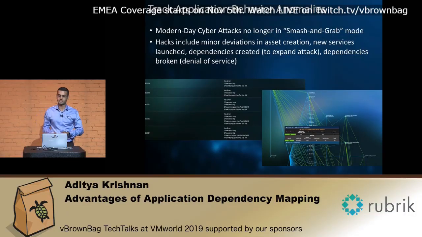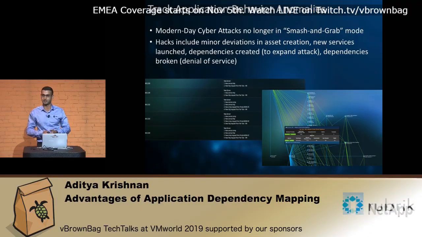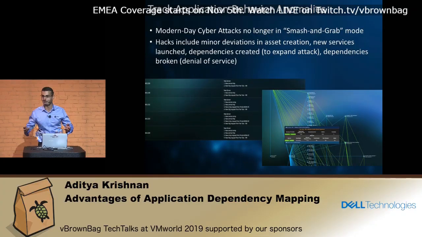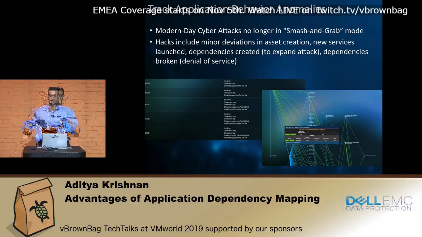On the same lines, tracking application behavior anomalies is absolutely critical. As I already mentioned, most cyber attacks in this day and age are not smash and grab and more on the stealth side of things.